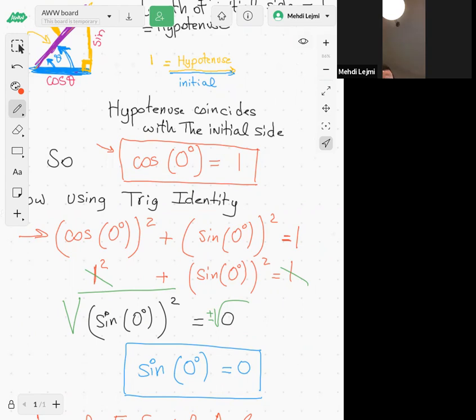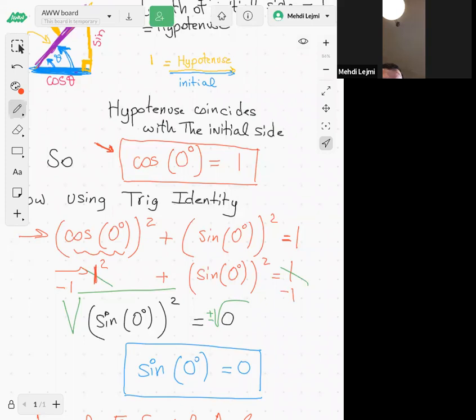Because we just proved that cosine of 0 is 1, this is just 1 squared, which is 1. So the 1 on the left and the 1 on the right cancel out, you subtract 1 from both sides.